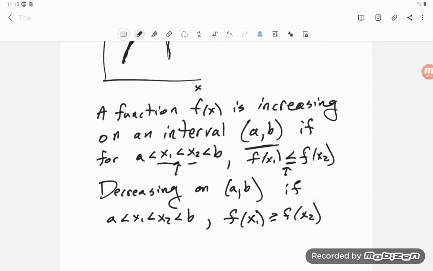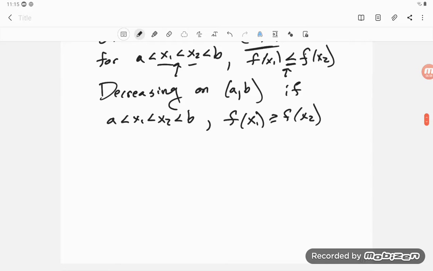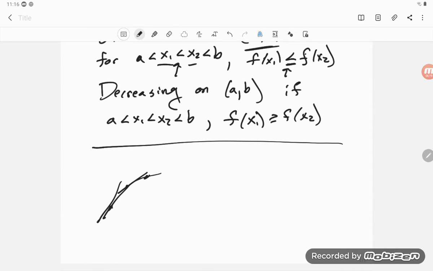So then, how do we use calculus to test for that? Here I've got a function that's increasing. Look at the tangent lines at any of these spots, and we see that the tangent lines have positive slopes, and so we have that f prime of x is greater than 0.